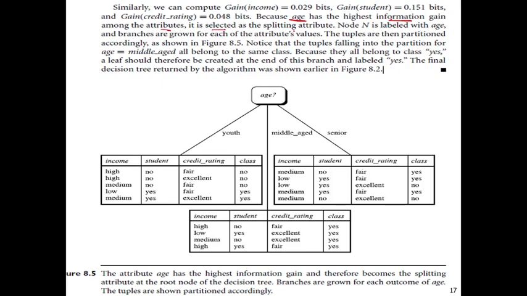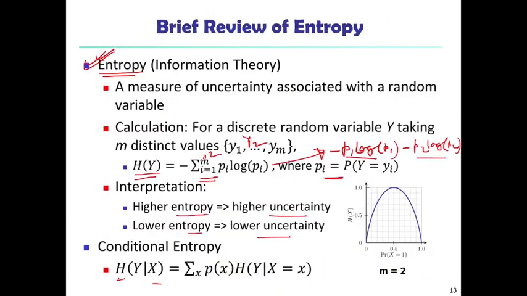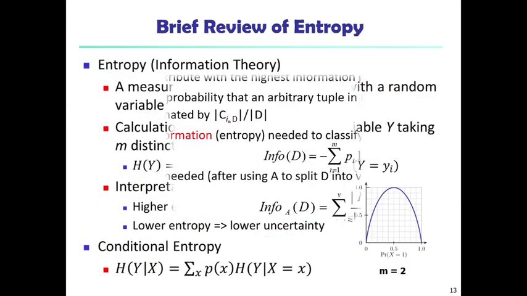It is selected as the splitting attribute. You cannot go randomly. If you see the tree here, age has been split. Why haven't they split income or student or credit rating? These three attributes have been ignored, and only age has been split further. Whenever an instance comes, it should pick age, because age has the maximum information gain.